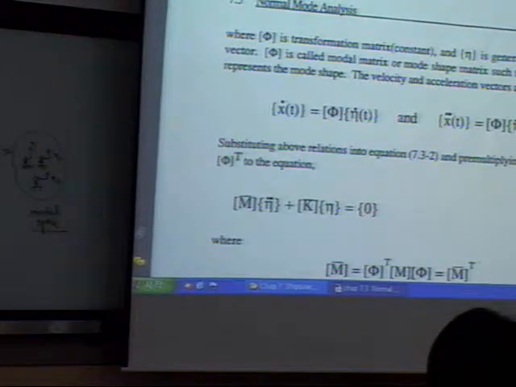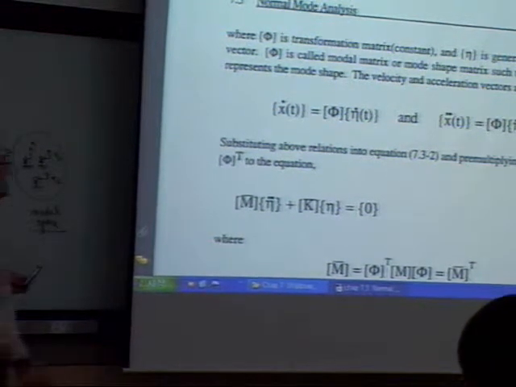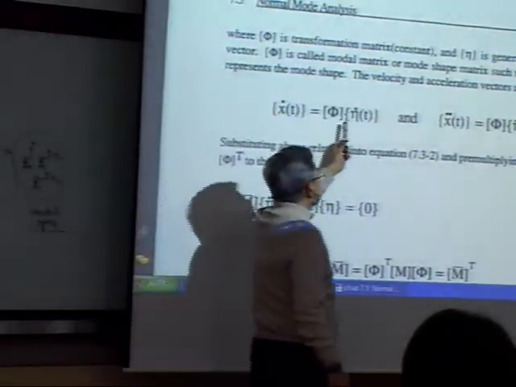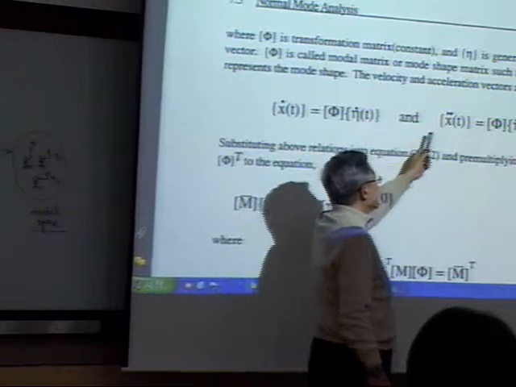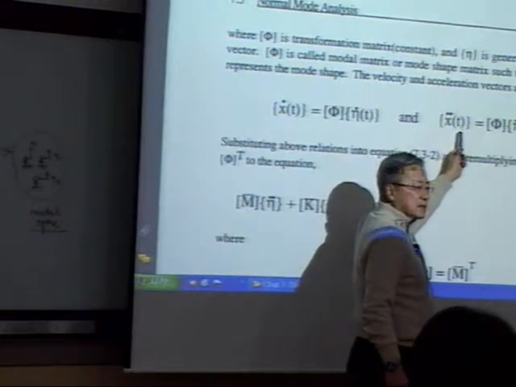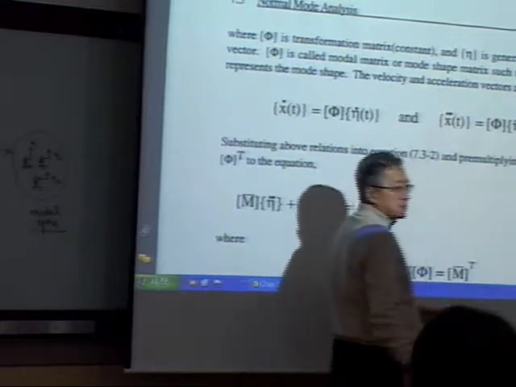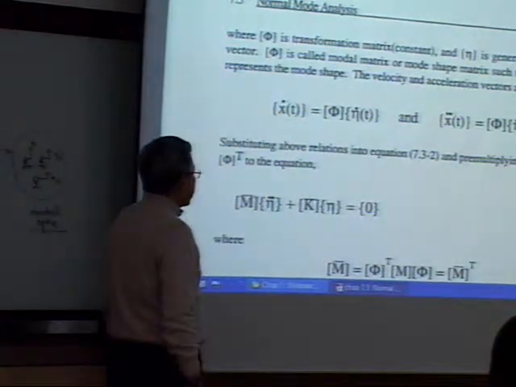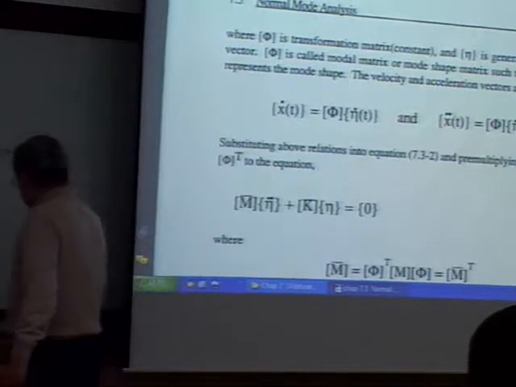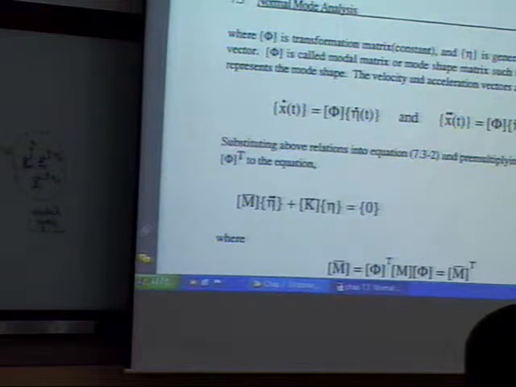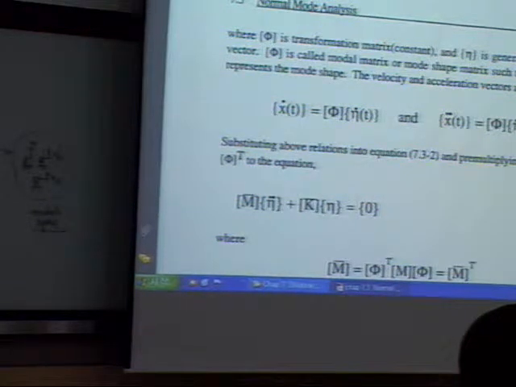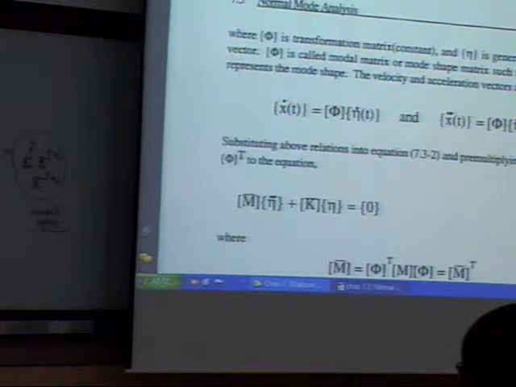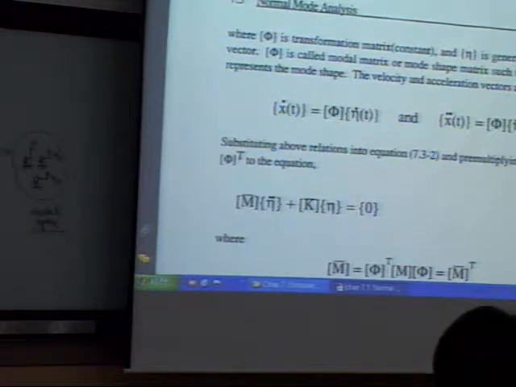Then of course, if you take a time derivative, you get the velocity vector, eta dot, and the acceleration, eta double dot. After that, what I did here is simply multiply. I'm going to replace this into here, this into there. That's all I'm doing here. If I do that, what I have is the mass is still there.